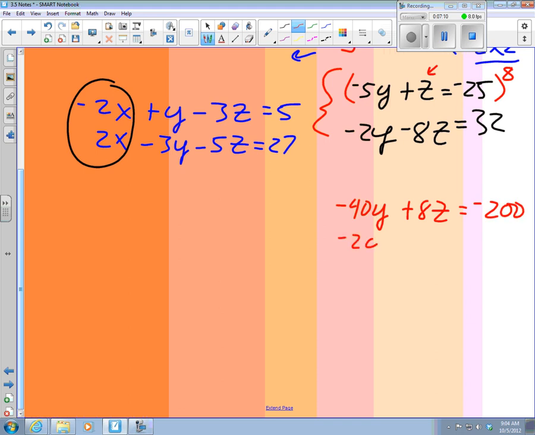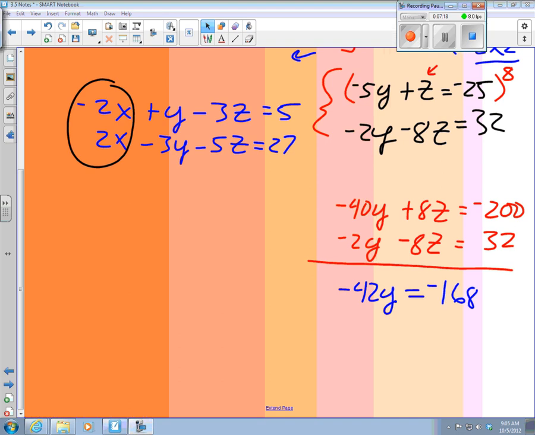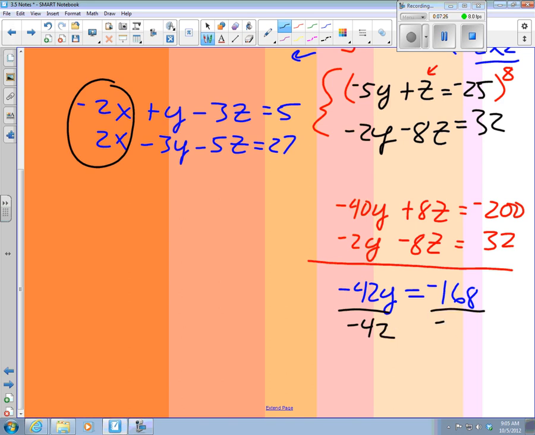And then we got the -2y minus 8z equals 32. So this adds up to -42y equals -168. Divide both sides by -42. And you get y equals 4. So there's my first solution.